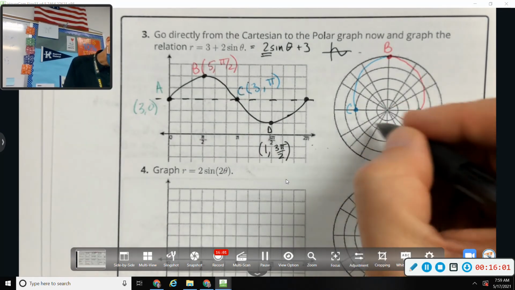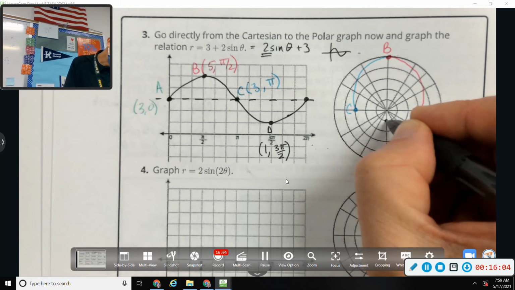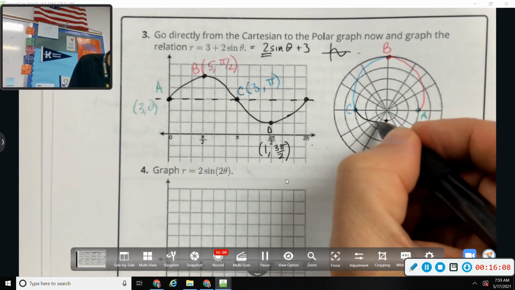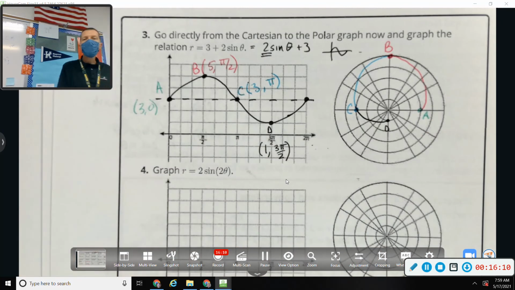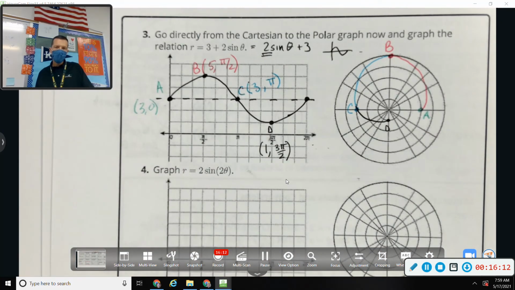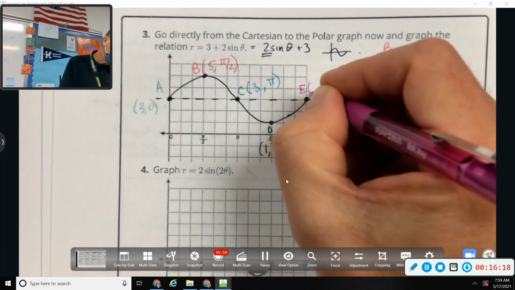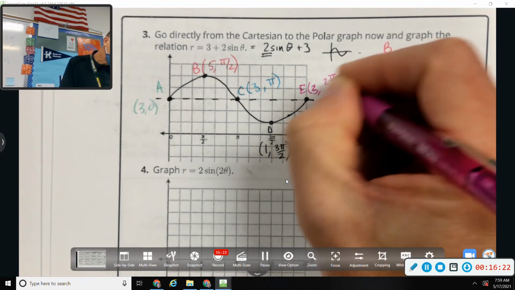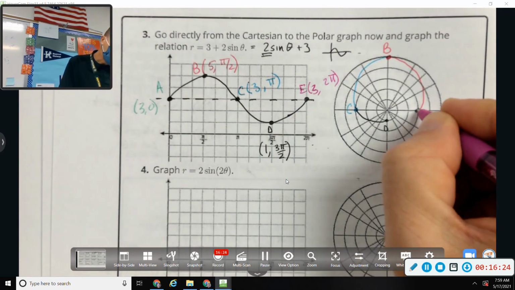So we rotate to 3 pi over 2 and go out 1. And then that last point, we rotated 2 pi, and the radius is 3. So yeah, we're right back to A.